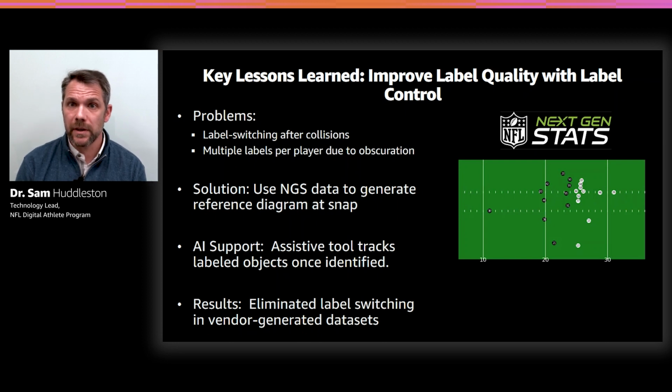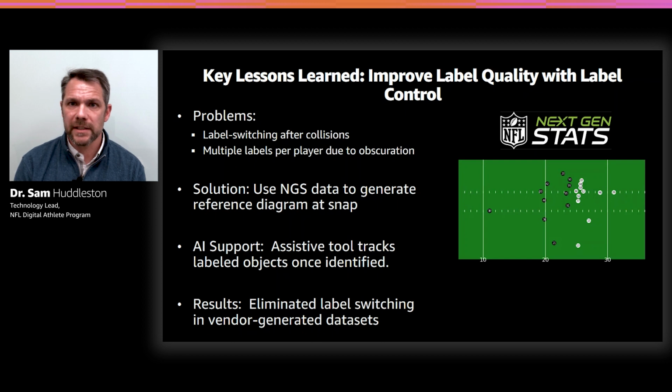Then, as the play unfolds, due to the assistive tracking support from the AI system, those helmets are tracked with the assistive tooling. And so if we get the first frame right, the assistive tooling pretty much solves the labeling problem and assists the labeler in keeping the correct label on the player. If there is a collision, it's quite obvious when a label has been switched, because most collisions occur between players on opposite teams.